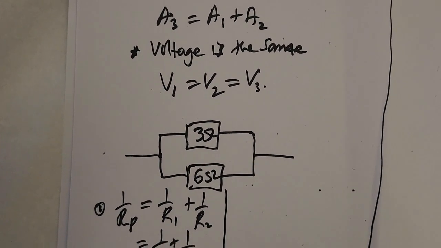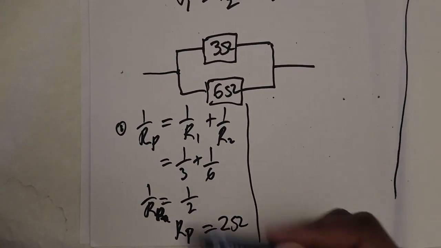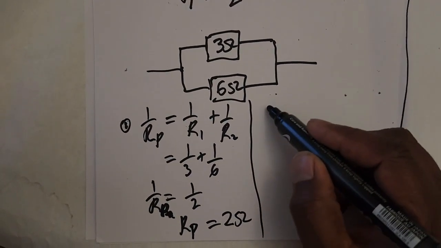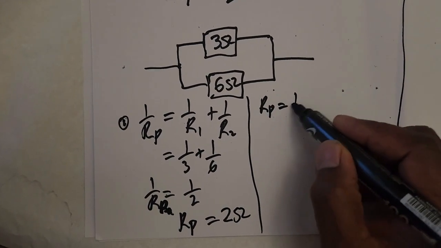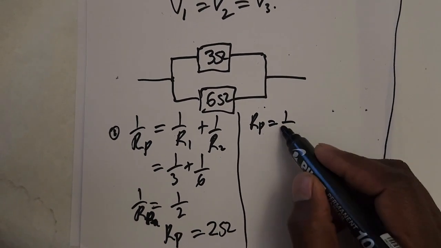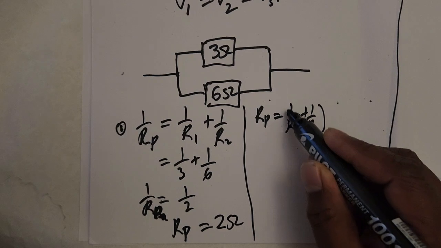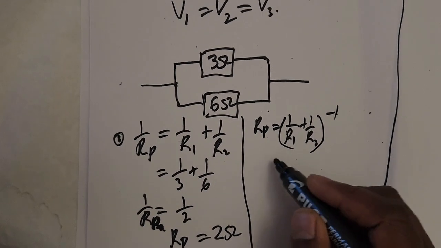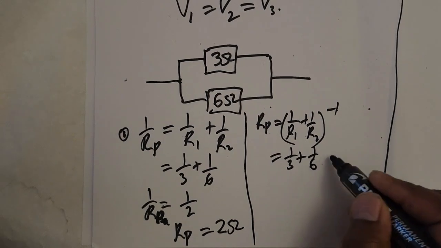That is the first option. This is how it unfolds. The second option will be Rp equals 1 over R1 plus 1 over R2, all to exponent minus 1. This will just have to say 1 over 3 plus 1 over 6.